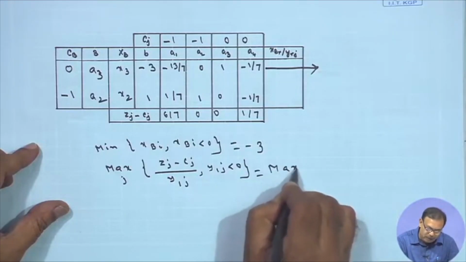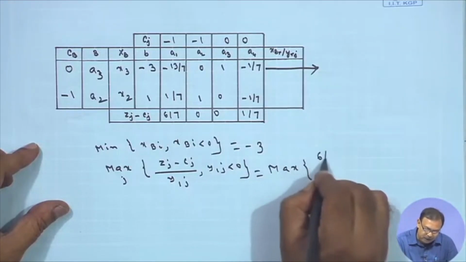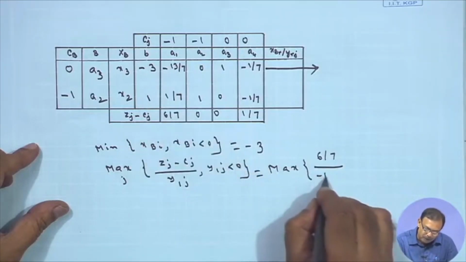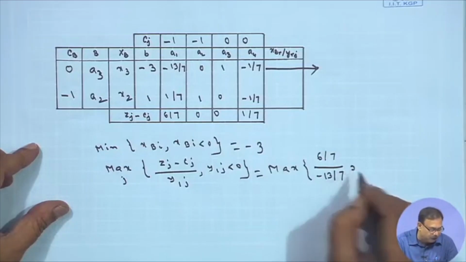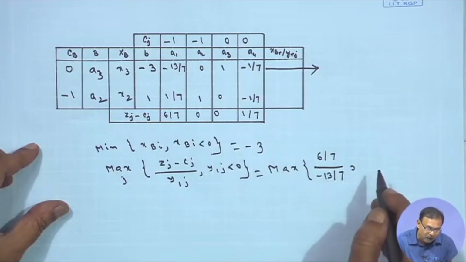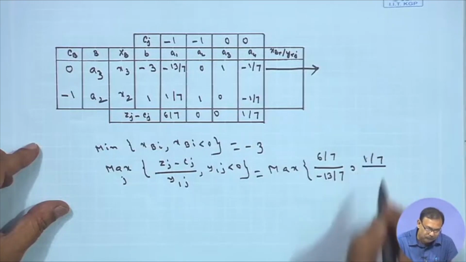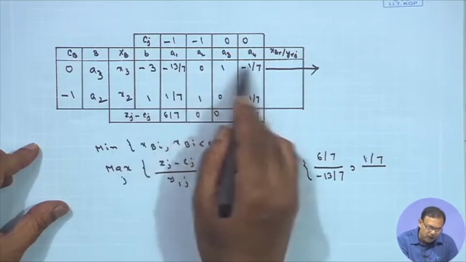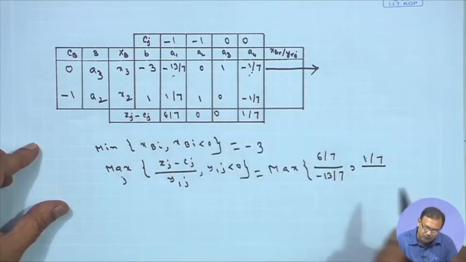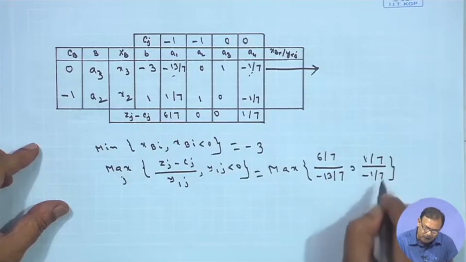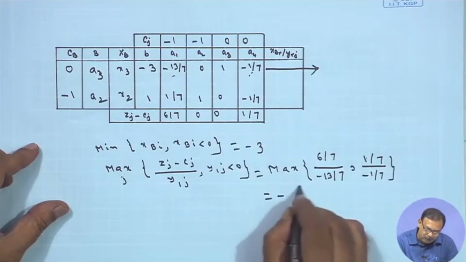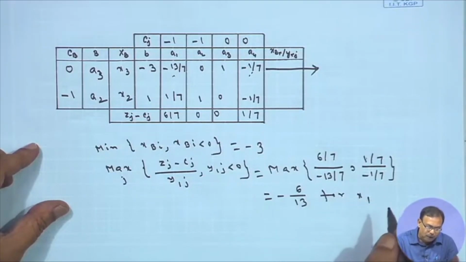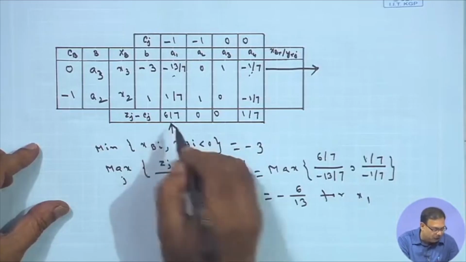So, this is the maximum of 6 by 7 divided by minus 13 by 7, and then 1 by 7 divided by minus 1 by 7, because you are having negatives only on these two. So, 6 by 7 over minus 13 by 7 and 1 by 7 over minus 1 by 7, and the minimum will be minus 6 by 13, that is for x 1. Therefore, your x 1 will enter into the basis.